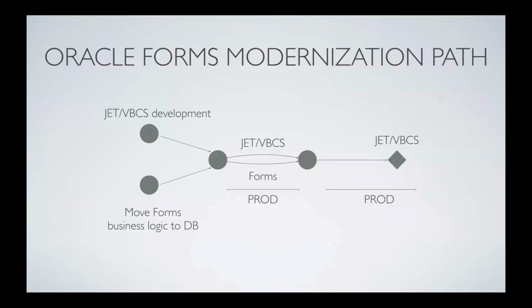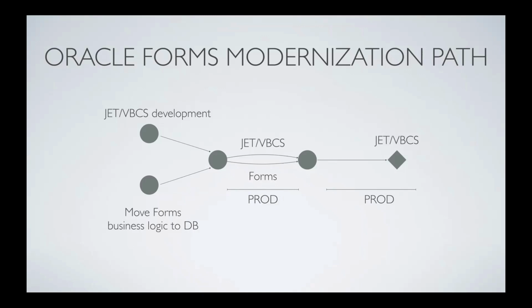So this is how you would do the integration. And in general, my advice for the Forms modernization path is that you should not try to do it in one go, from the beginning to the end. You should plan carefully which module you would like to move first, and then go with that module to production, get feedback from the users, and then move on with the next modules.